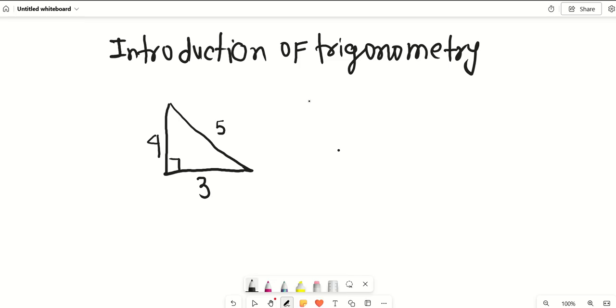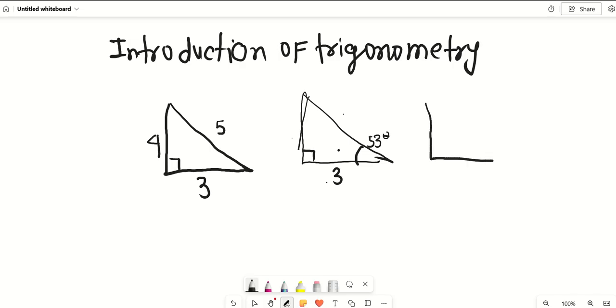But what if someone didn't give you the side, I mean only one side, and another angle, like 53 degree, right? So by the Pythagoras triplet, if it is 3 then definitely it will be 4 and 5.